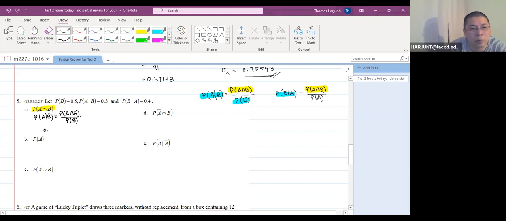This is 0.3 equals probability of the intersection over probability of B, which is 0.5. So 0.3, I multiply both sides by 0.5. That's the probability of the intersection, which is 0.15.